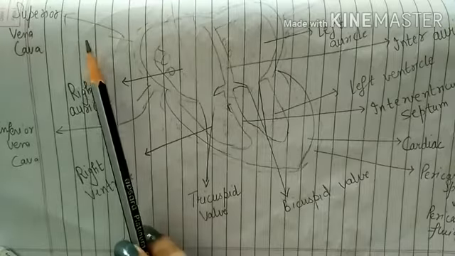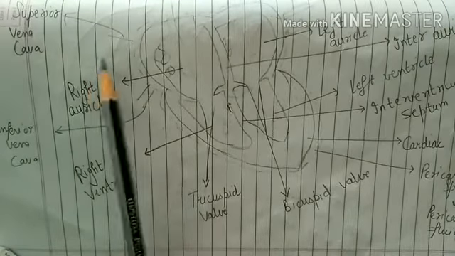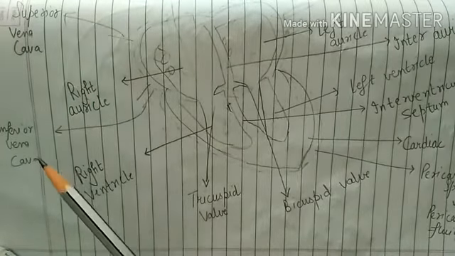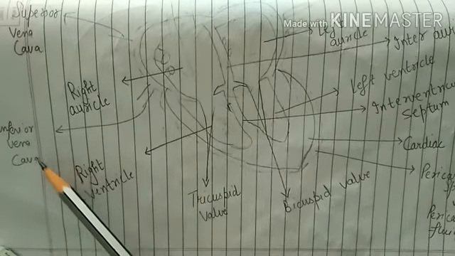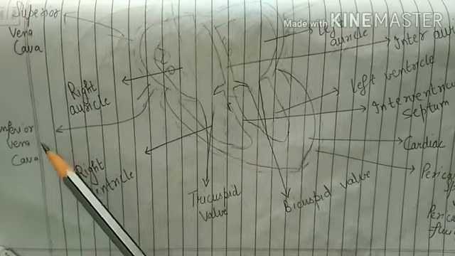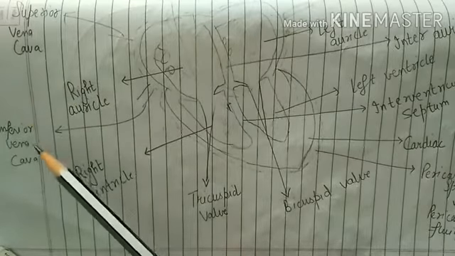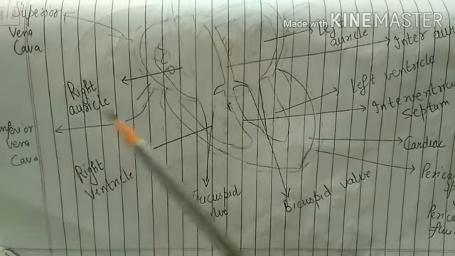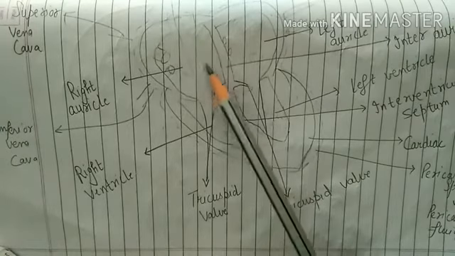The superior vena cava carries blood from the upper body parts, and the inferior vena cava carries blood from the lower body parts. The vena cava carry deoxygenated blood and pour this blood into the right auricle.